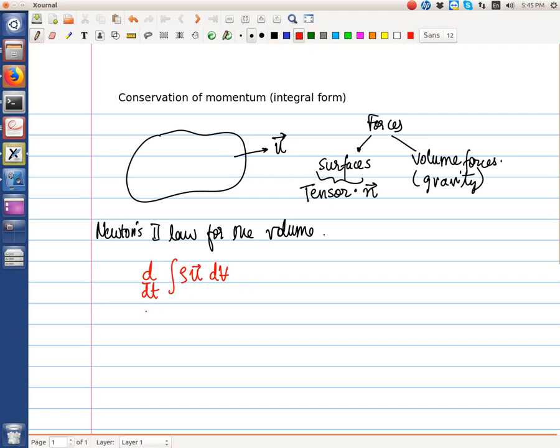This represents the total change in momentum of the identified volume. This is equal to the summation of all the forces acting on the volume.